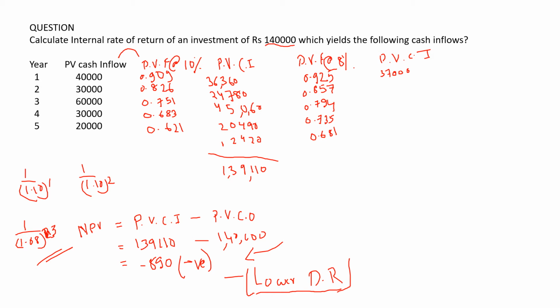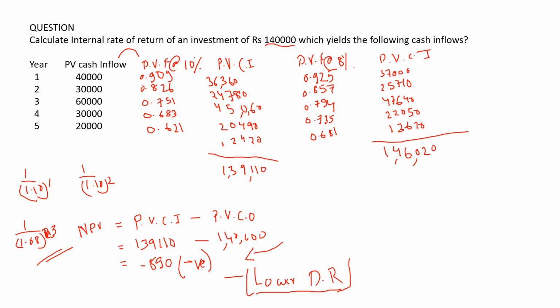For the second year, it comes out to 25,710. For the third year, it will be 47,640. For the fourth year, it will be 22,050. And for the fifth year it will be 13,620. Once it is done, we'll be adding it up and we'll be getting 1,46,020.